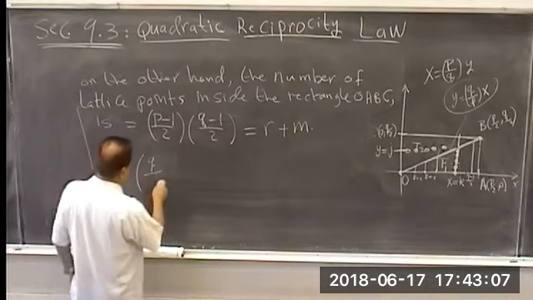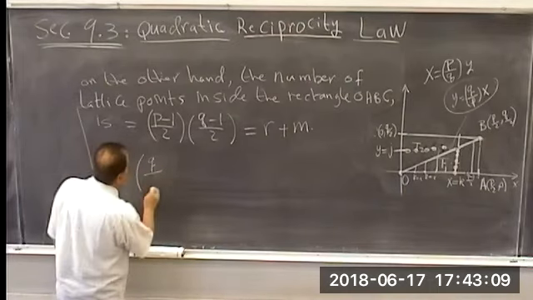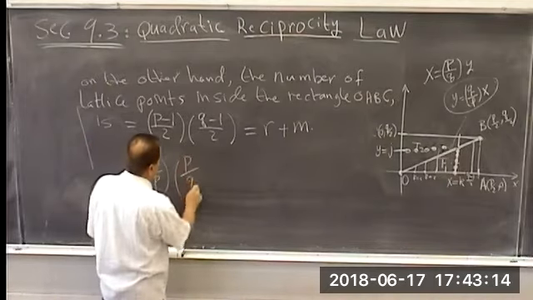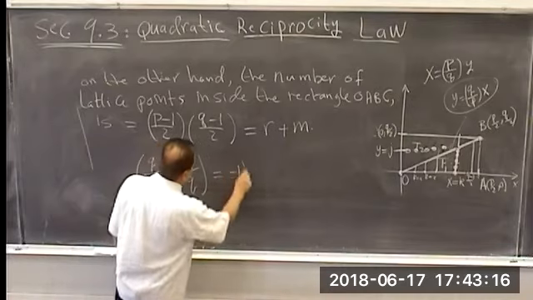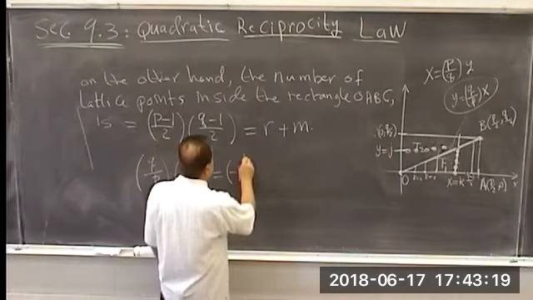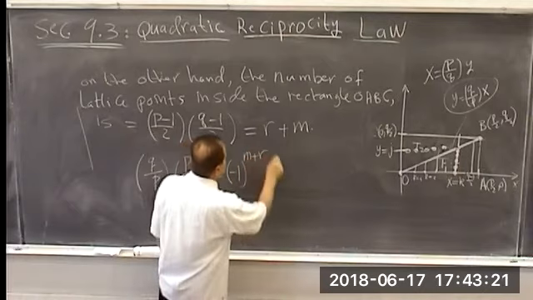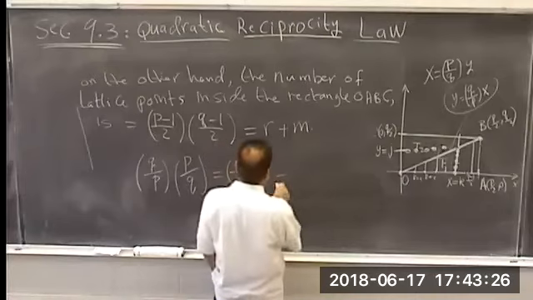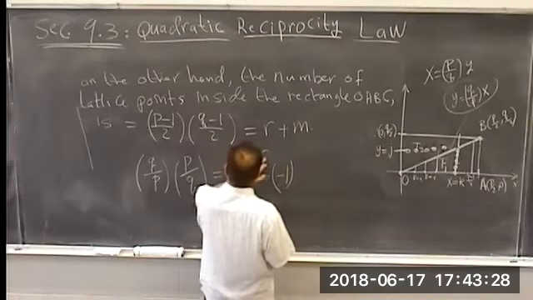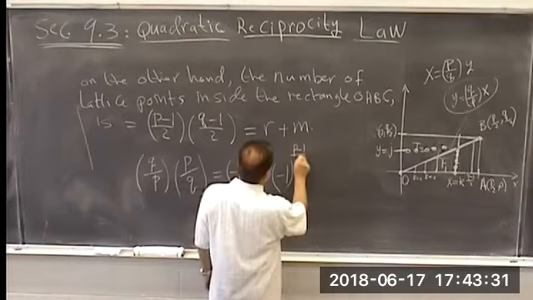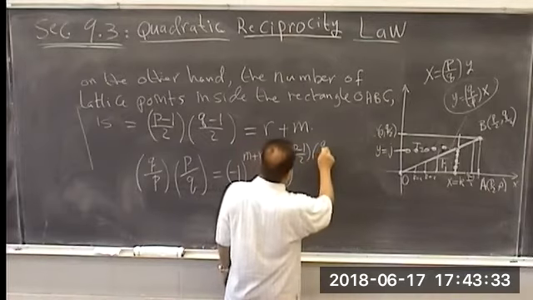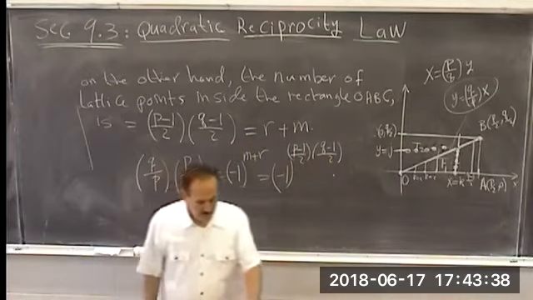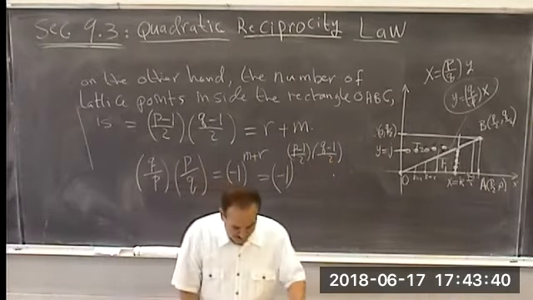P over Q times Q over P was minus 1 to the M plus R. And now we can separate this and replace it: M plus R is (P minus 1)/2 multiplied by (Q minus 1)/2.